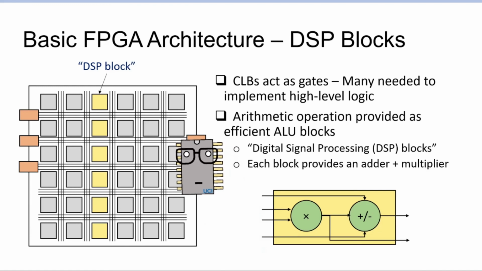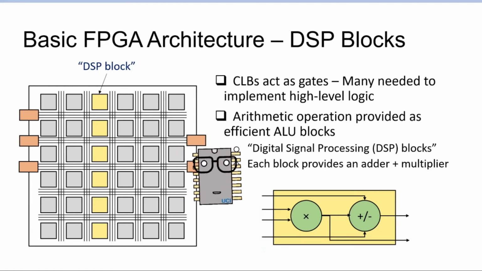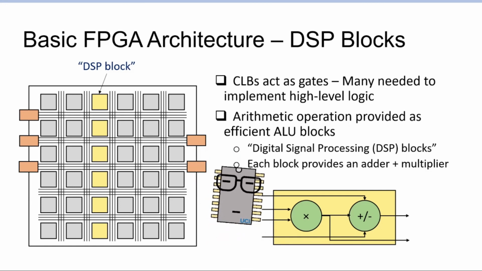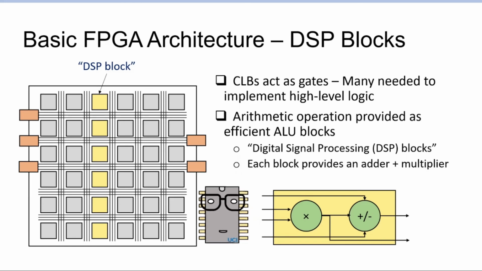Now, maybe some people want to call them neural network blocks. But anyways, each block typically provides an adder and a multiplier, and you can construct logic around it to build any sub-slice of an arithmetic operation that you want, achieving high performance and low resource utilization.